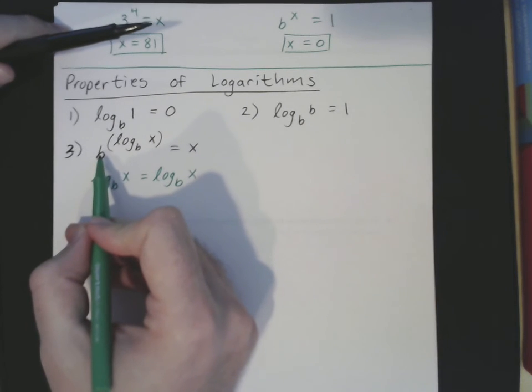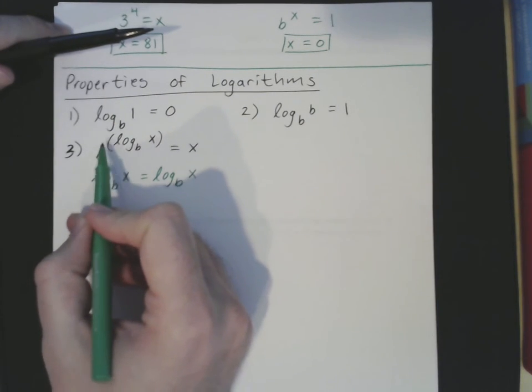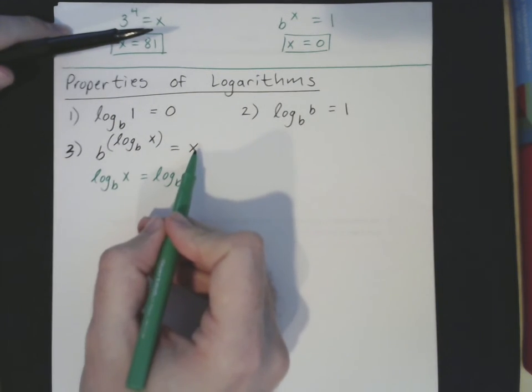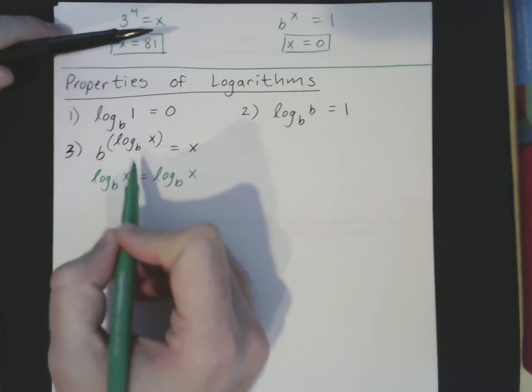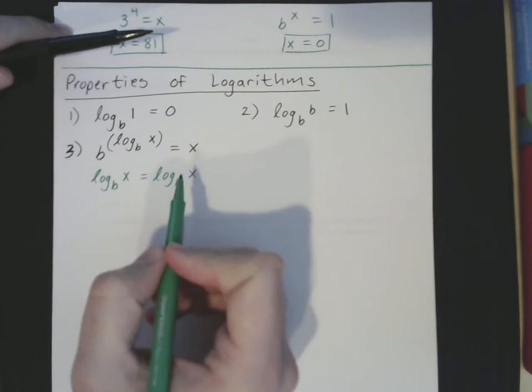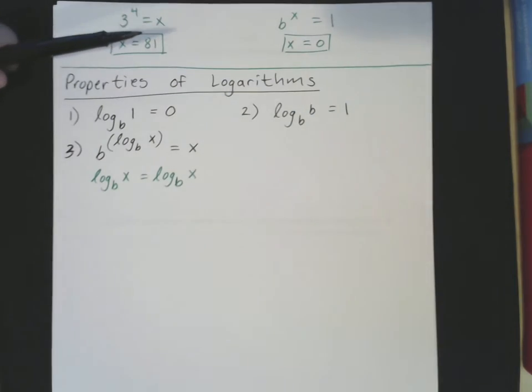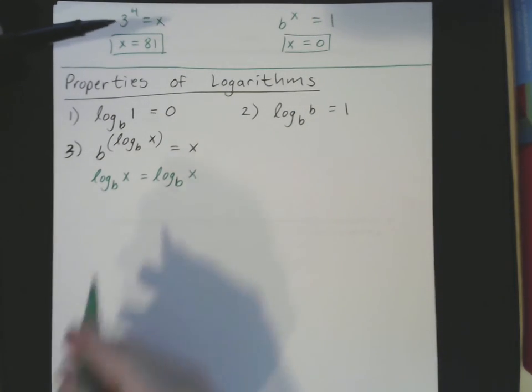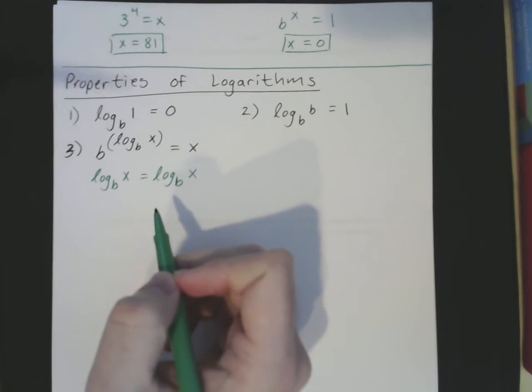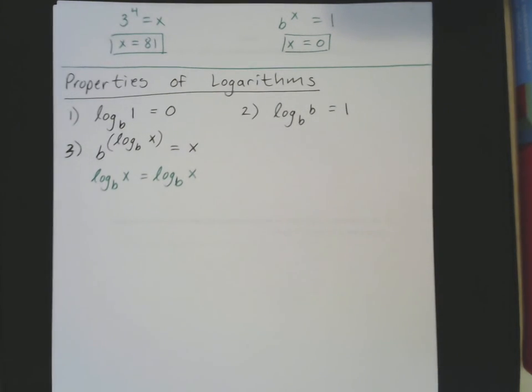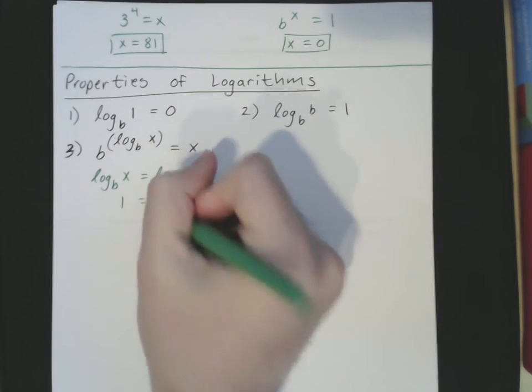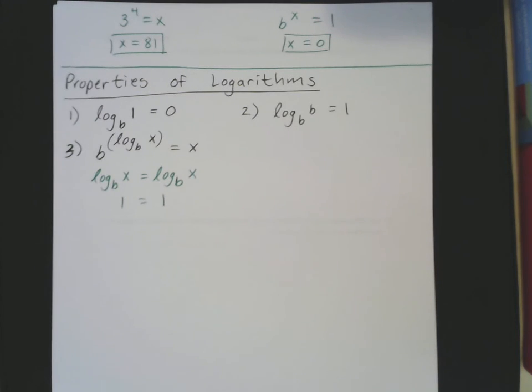Because we take the base, we raise it, or we put this inside the argument of the logarithm, and then we set it equal to the exponent, which is this. And if you're looking at this log base b of x equals log base b of x, this is always true. It's just like saying 1 equals 1. This is just always going to be true.